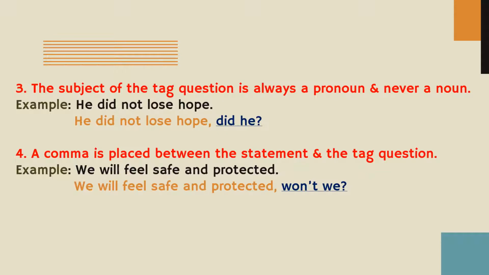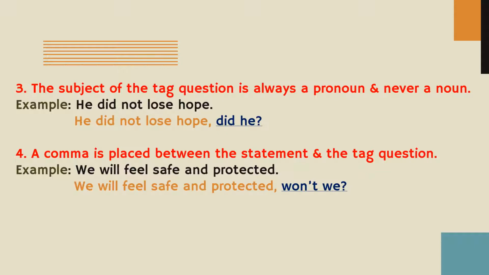Fourth one is a comma is placed between the statement and the tag question. Example, we will feel safe and protected. Whenever you are writing or adding a tag to the sentence, always remember between the sentence and the question tag, a comma should be there.